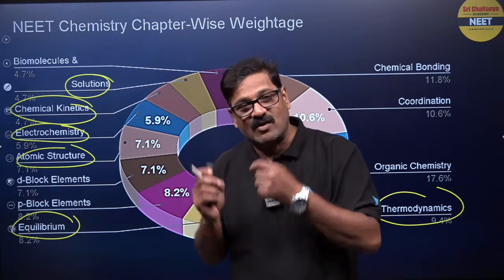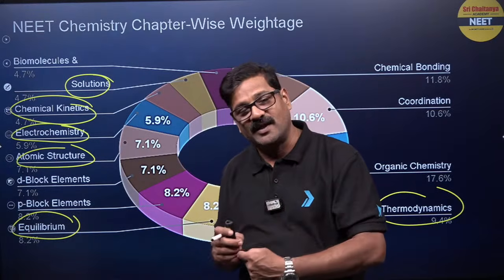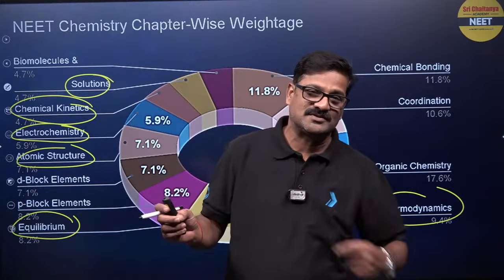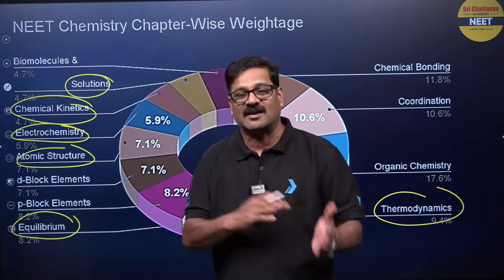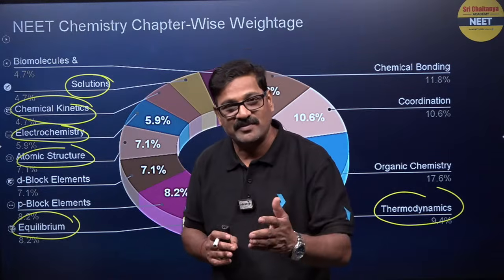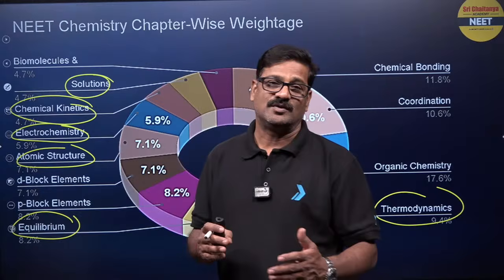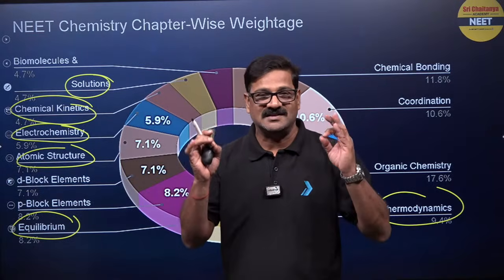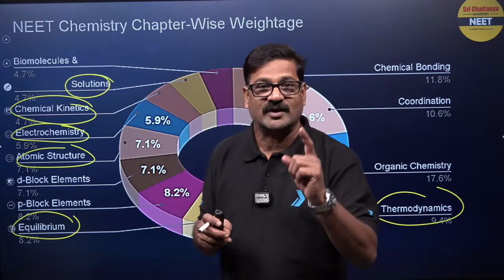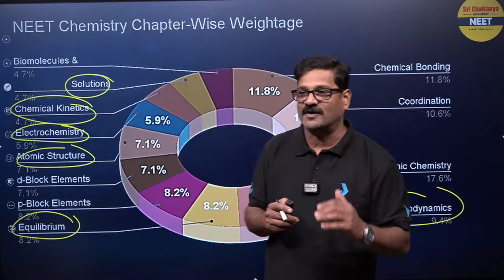But if it comes in the logical, theoretical oriented form, we have to apply and untangle the question, and you are going to end up with yes or no, sometimes statement based questions, sometimes assertion reasoning questions. So take care, physical chemistry is easy to moderate, and you can handle it if you know the actual concept and the formula.